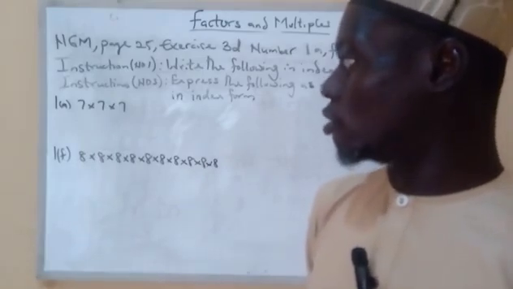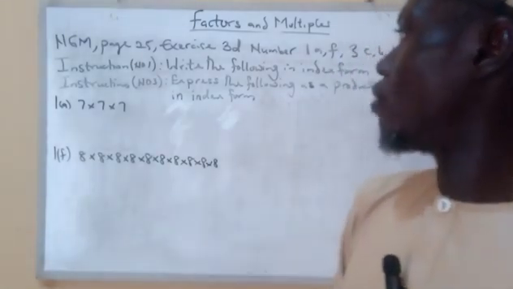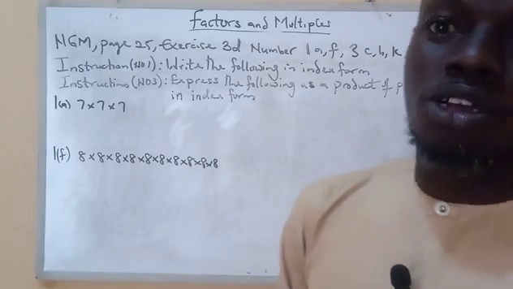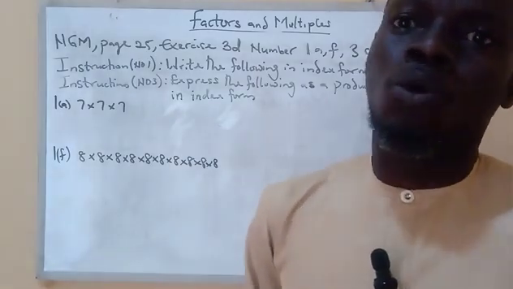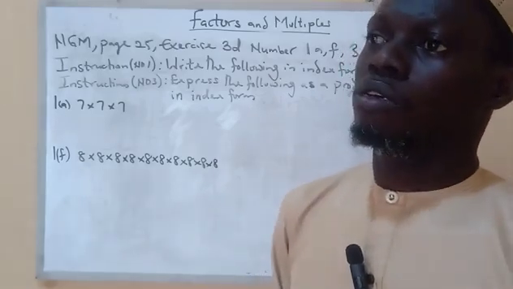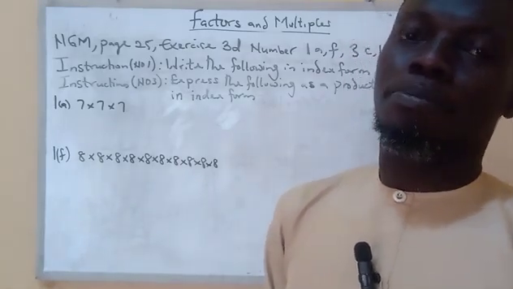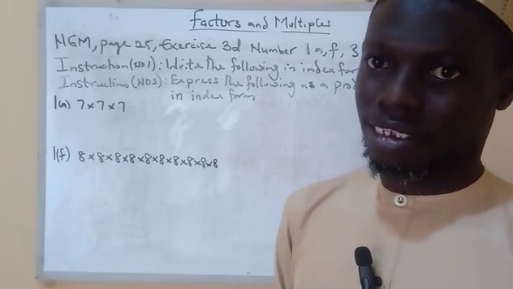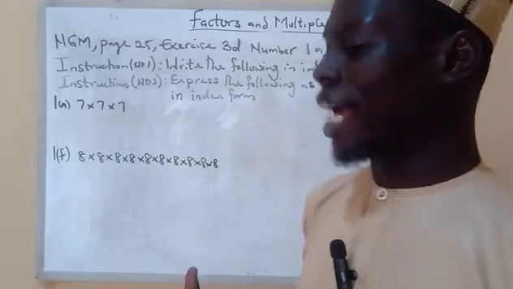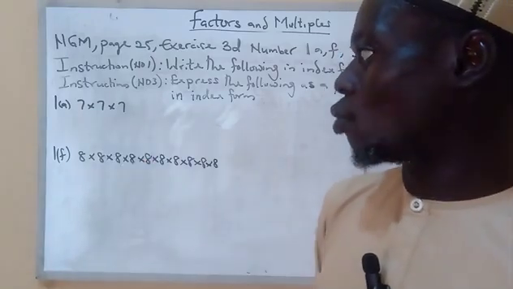So the first one says, the instruction number 1 says write the following in index form. So what is index form? When we say index, we mean raising up, shortening repeated multiplications of a number. Writing it in the short form. For example, let's take a look at this 1A.